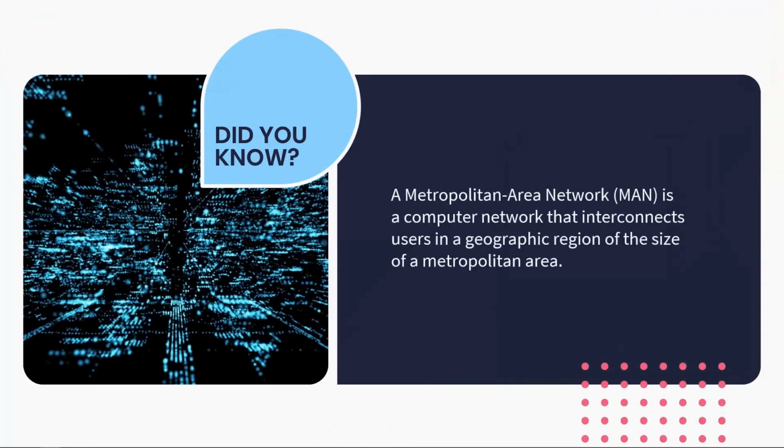A metropolitan area network, MAN, is a computer network that interconnects users in a geographic region of the size of a metropolitan area. MANs are connected across multiple buildings and are bigger than the standard LAN, but not as large as a WAN, which is usually found in big campuses, cities, and even large companies. But we'll talk more about WANs just now.